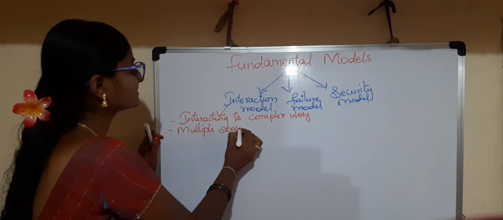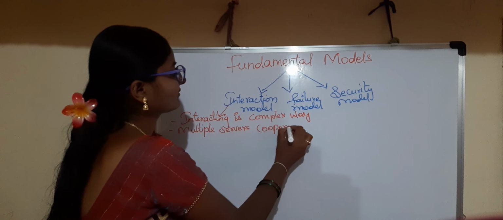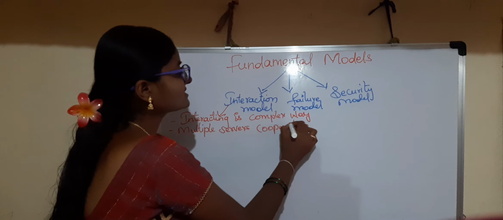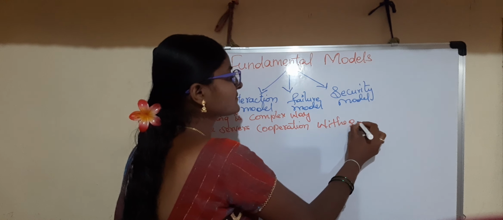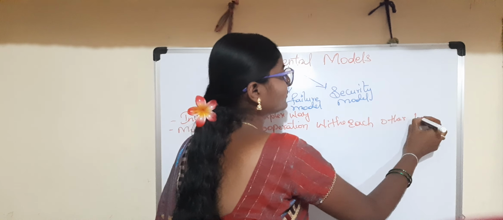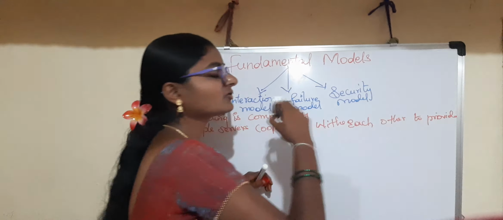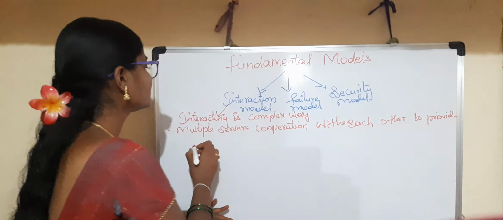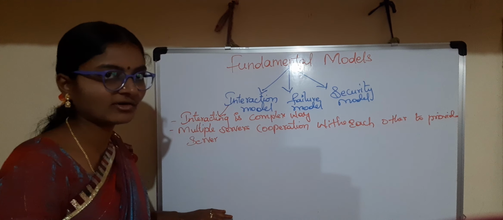Multiple servers cooperate with each other. Note down these points, students. Multiple servers cooperate to provide service to another server. This is called the interaction model.